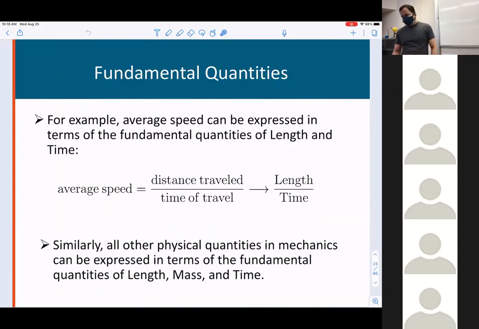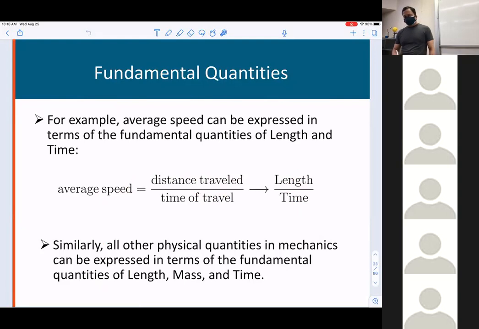What are you going to do? You're going to first measure the distance it has traveled, and then you divide it by the amount of time of travel. So this is a length measurement. This is a time measurement. Again, you're using 2 of the 3 fundamental quantities, length, mass, and time. Here you did length over time and you got the speed. So in some sense, the speed of the car is a quote unquote derived quantity coming from measurements of length and time.